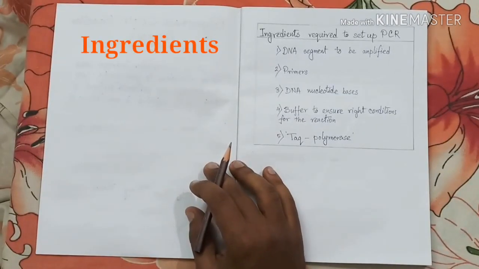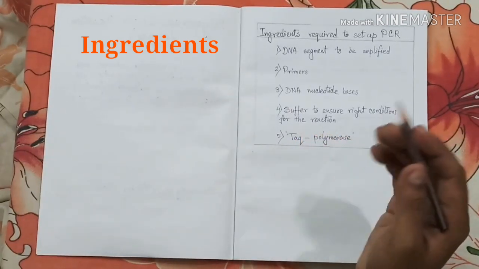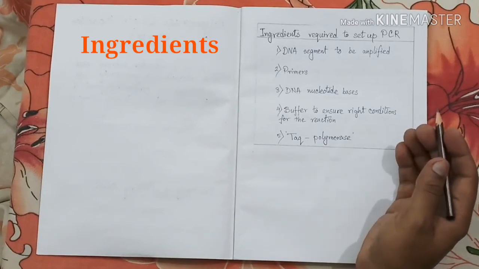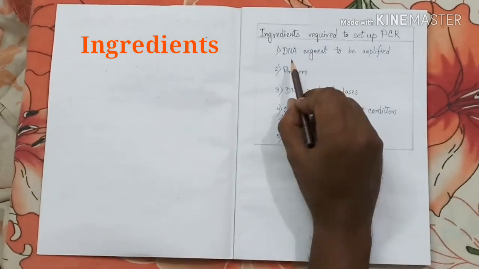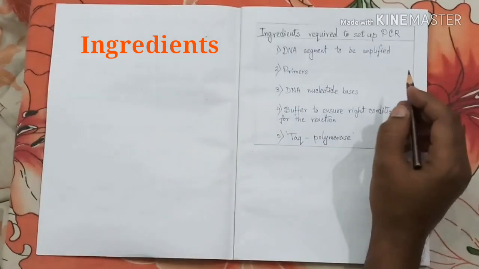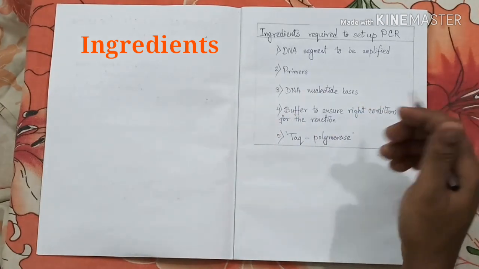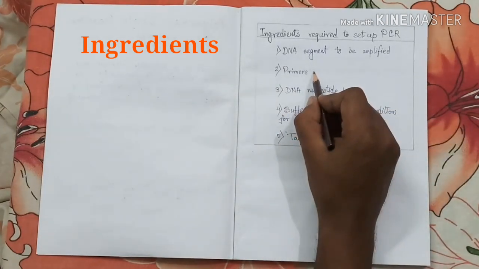Now, let us move to the next topic. Ingredients required to set up PCR. We should all know what type of ingredients we should take to start the process of PCR. Here are those ingredients. First of all, we have to take DNA segments to be amplified, the short segments of DNA which are to be amplified by the process. Then we need to add primers.